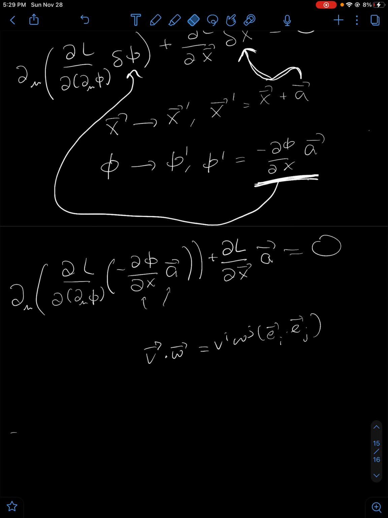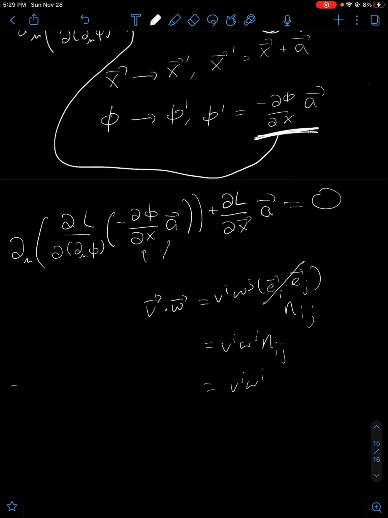So this, in special relativity, is just the Minkowski metric η_ij. So we can just rewrite this as v^i w^j η_ij, or v_i w^i, but instead we interpret the sum to be v0 w0 minus v1 w1 minus v2 w2, and so on.